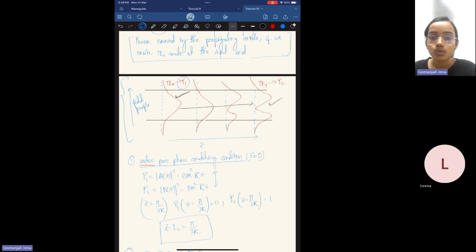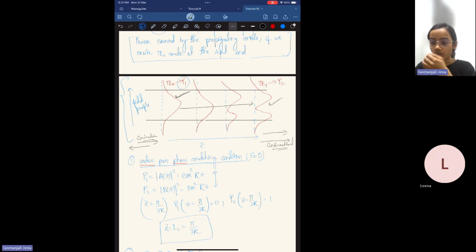And this is co-directional coupling. By co-directional, I mean both the TE0 and TE1 modes are propagating in the same direction. It's not like one mode is propagating in this direction and one in the opposite direction. That is contradirectional coupling, which we have already solved. And this is co-directional coupling.